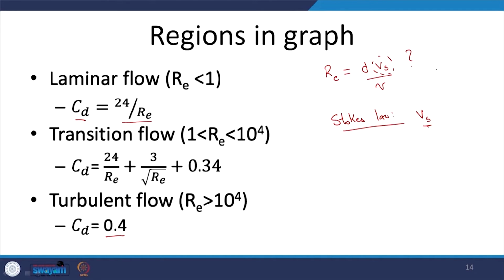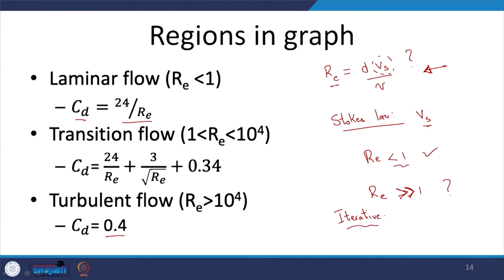Based on that I am going to calculate the trial Reynolds number. If this trial Reynolds number ends up being less than 1, fine, I can go ahead with my relevant calculations. But if this Reynolds number turns out to be more or much more than 1, then what do we do? It is an iterative process, right.